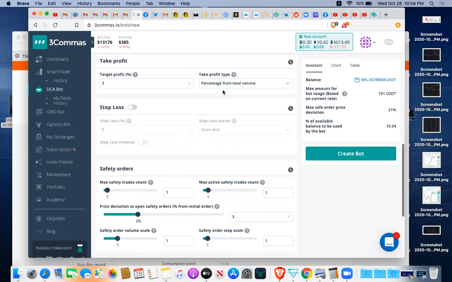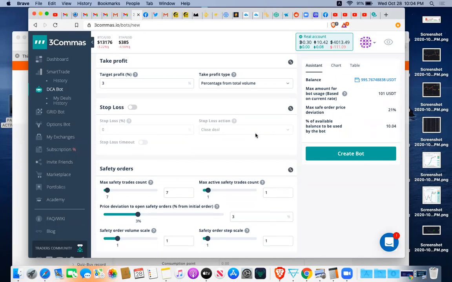3% percentage from total volume. Okay, so it's going to calculate the one it bought very expensive, the one it bought at an average price and the one it bought at a low price, accumulate everything together and check what will give us 3%. So whatever the 3% is, the bot sets your market sell order at that price and it will sell.